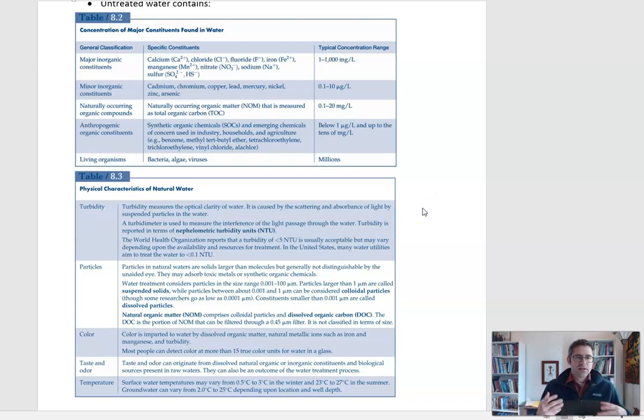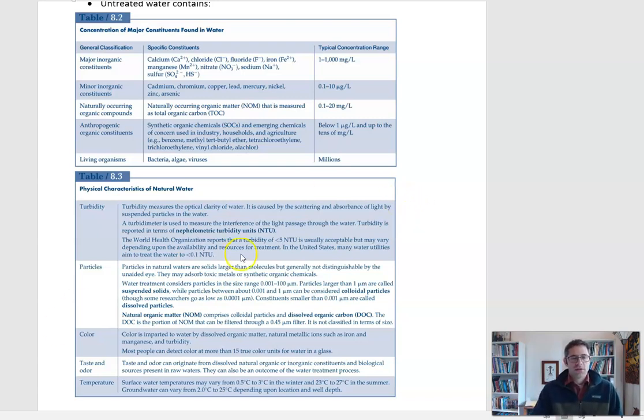Well, it doesn't really matter from your body's perspective how much light the water scatters. That measures the optical clarity. But turbidity is used as a surrogate for a number of other things. If your water's pretty turbid, it probably has bacteria and viruses that you don't want to be drinking in it. But if it's very clear, it probably doesn't have as many of those, right?